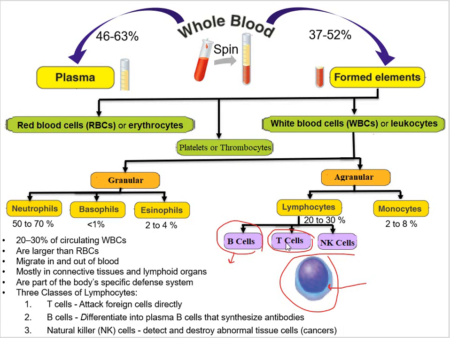And then you have T cytotoxic cell that directly attacks foreign antigens, foreign cells, and infected cells. And then you have the third type, which is natural killer cell, and the natural killer cells basically detect infected cells and then release chemicals, and those chemicals bind to the membrane of the infected cell and make a puncture in it and destroy the cell.